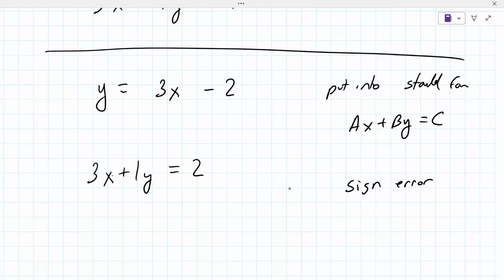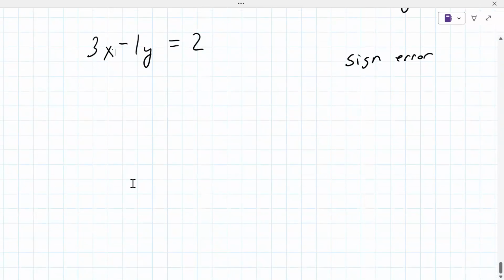I'd like you to look it over one more time. Oh, would it be minus instead of plus? It should be a minus. Yeah, it's very good. All right. Very good on that one.